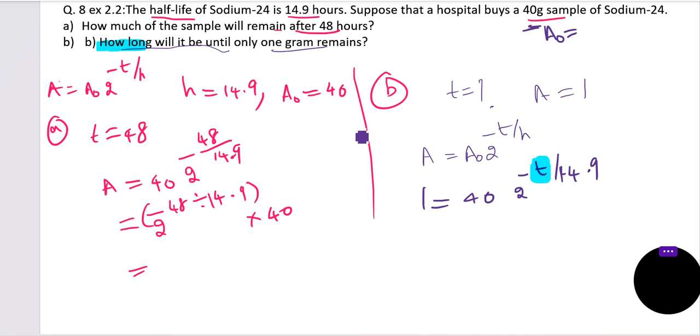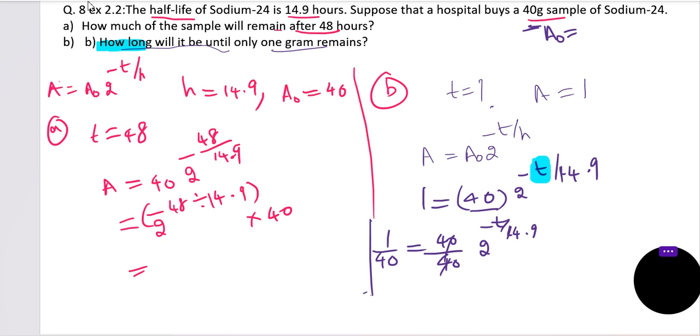So we have to use the formula to transfer the exponential function to a logarithmic function. First we should divide by 40. 1 over 40, so 40 over 40 cancel. 2 power minus t over 14.9. Now use the formula: the power is a log, base on the other side.